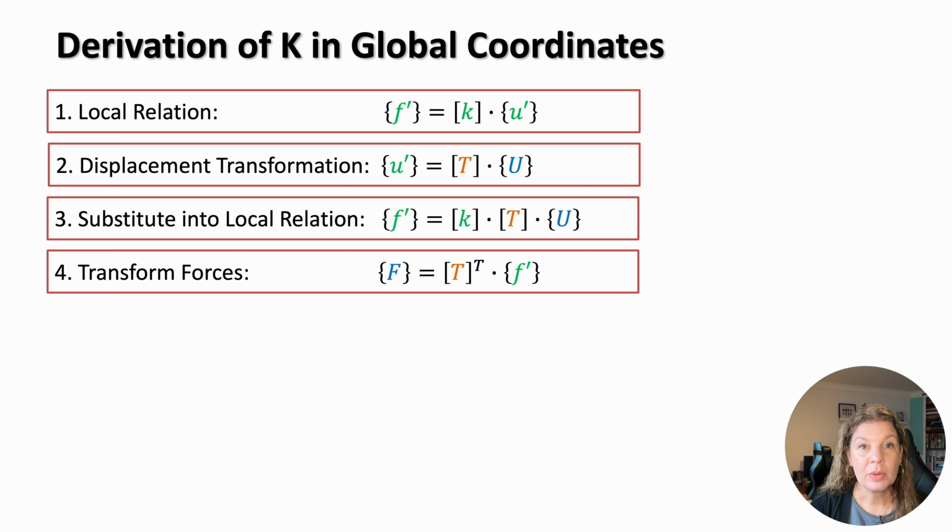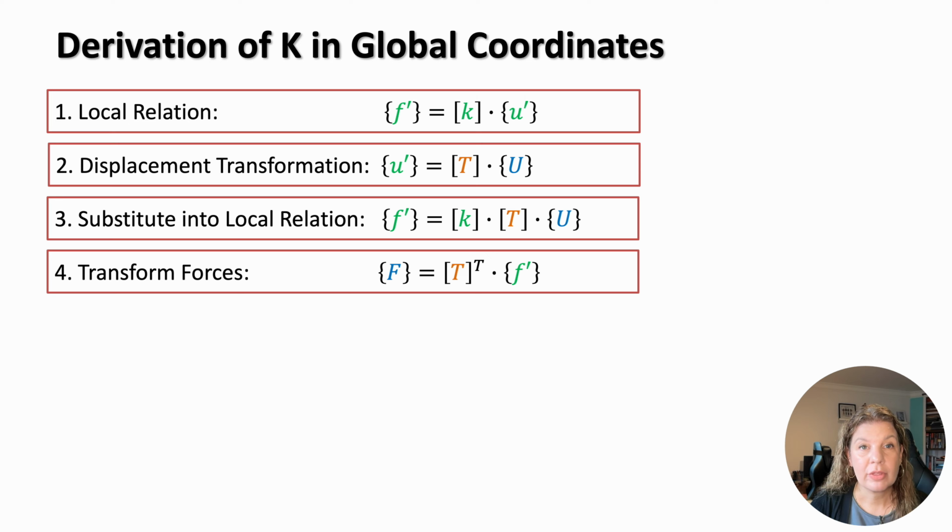In the global system, we want the equilibrium relationship to be written as the forces equal the global stiffness matrix times the global displacements, where both the force vector and the displacement vector are expressed in global coordinates. To make this transition, we use the relationship that the forces F equal the transpose of the transformation matrix times the local forces.